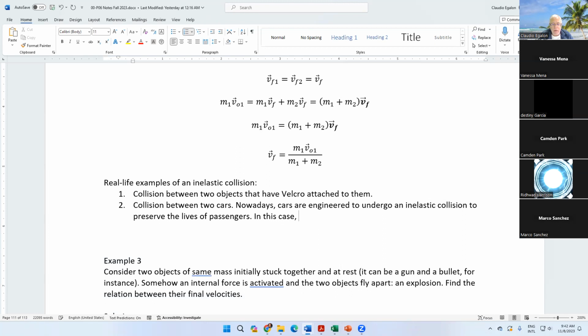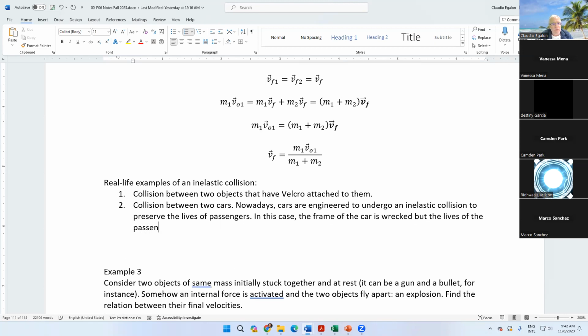In this case, the frame of the car is wrecked, but the lives of the passengers are spared. In other words, the frame of the car absorbs most of the impact, most of the force of the impact.